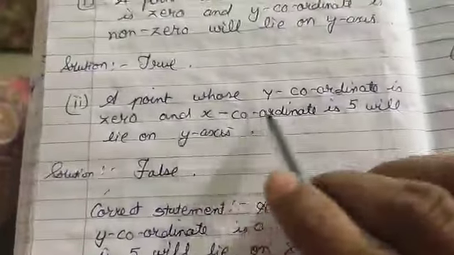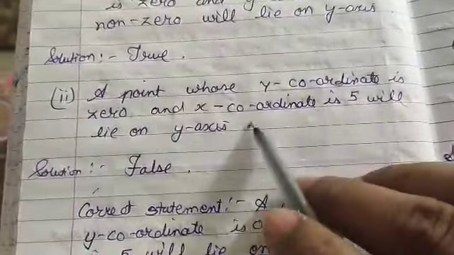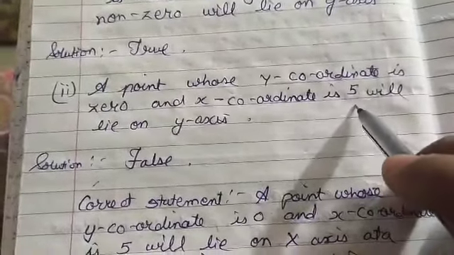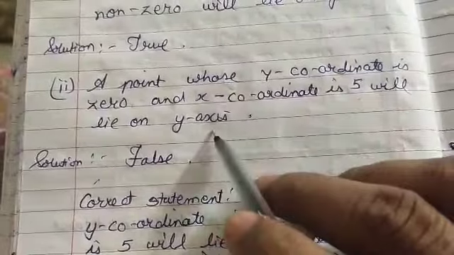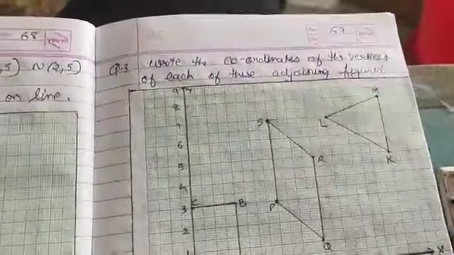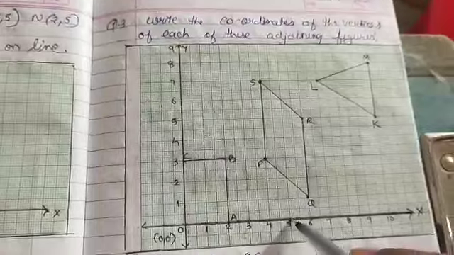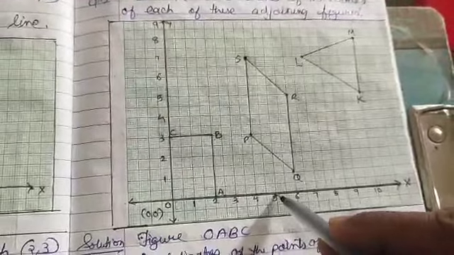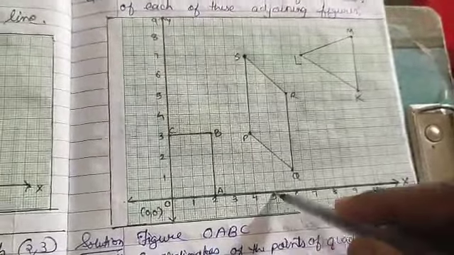Now a point whose y coordinate is 0 and x coordinate is 5, will it lie on the y axis? Here the y coordinate is 0 and the x coordinate is 5. So the point will be 5 and 0.